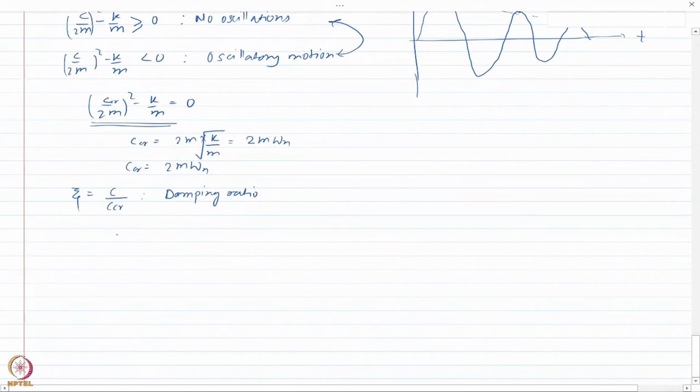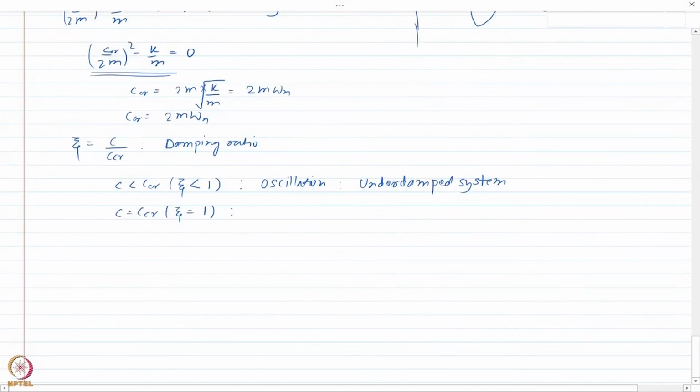We said that if C is less than C critical, or zeta is less than 1, I would have oscillation, and this is called an underdamped system. When C is equal to C critical, or the damping ratio is equal to 1, I would not have any oscillation.